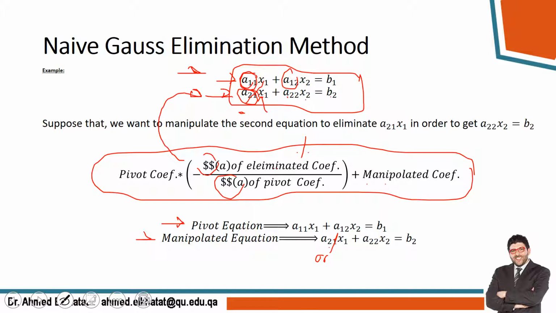When you go for the second item, this is my pivot coefficient, times minus the eliminated coefficient, fixed, so this will be a21, over the pivot coefficient, which is constant and will not change, plus the manipulated coefficient, which this time will be a22.